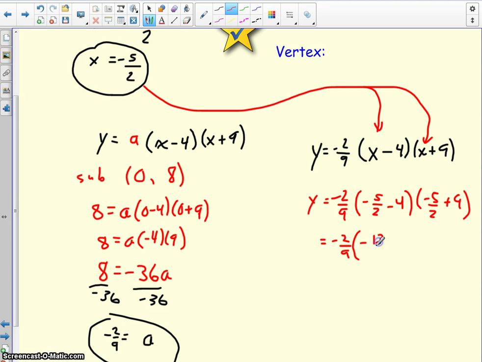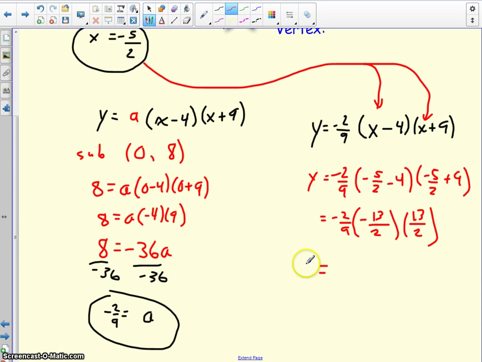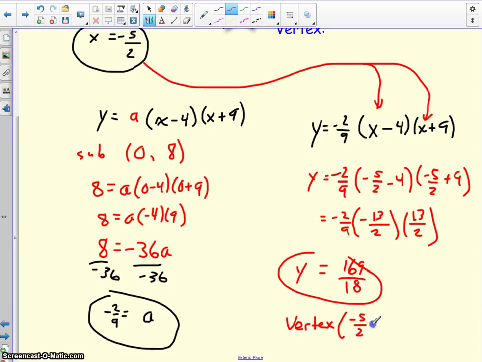So taking it further, I get negative 13 over 2 here, positive 13 over 2 here. Okay, and then multiply all those together, I'm going to get 169 over 18. Okay, so I put that together with my axis of symmetry to get my vertex, and then I'm done. So my vertex is going to be at negative 5 over 2, 169 over 18.